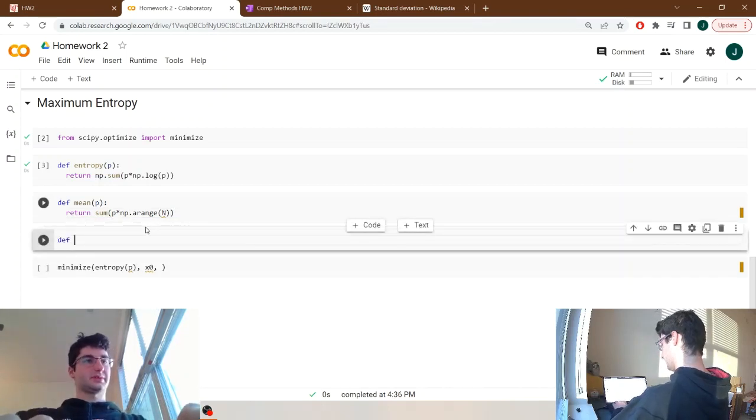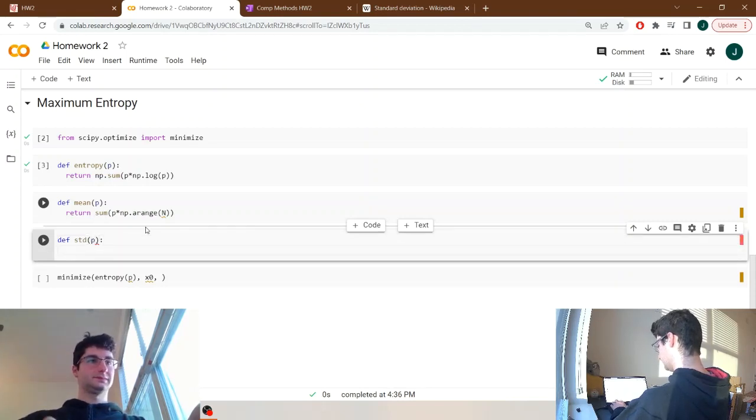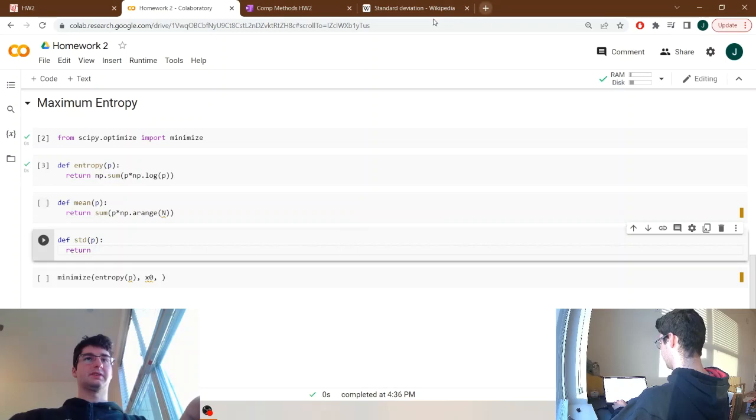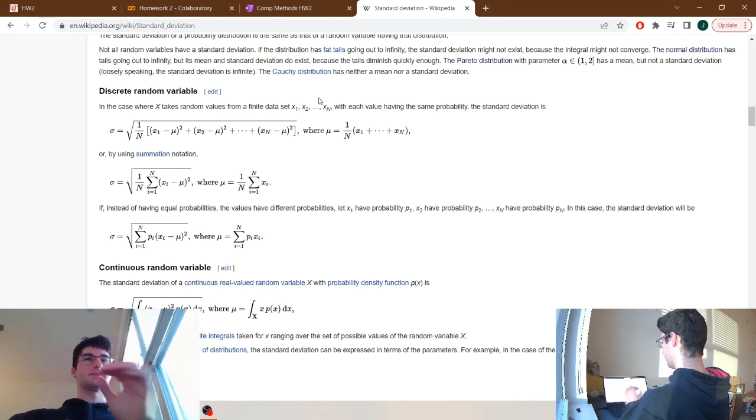Then what we're going to do is define our standard deviation of p. Now for here, I pulled up the standard deviation formula, which is this here.